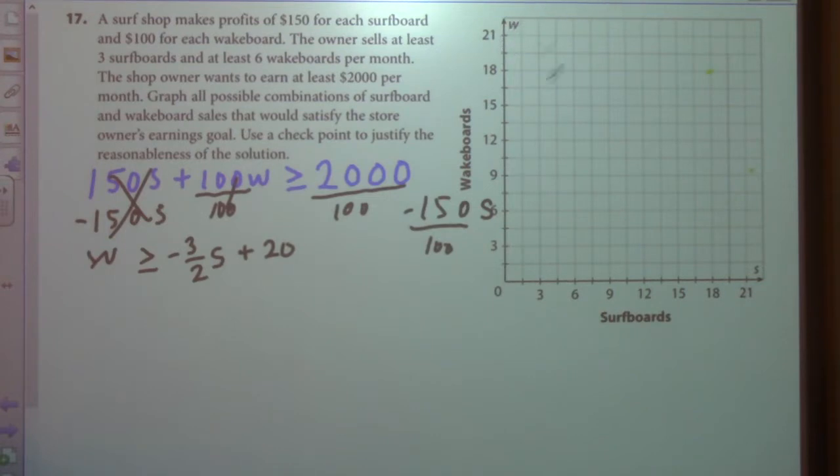So 20 is going to be maybe about right here. Is that right? And then you have the minus 3 over 2, so if we go down 3 over 2, and over 2, something like this.